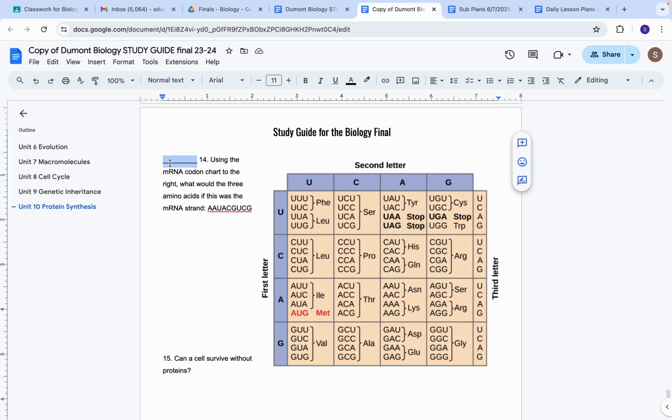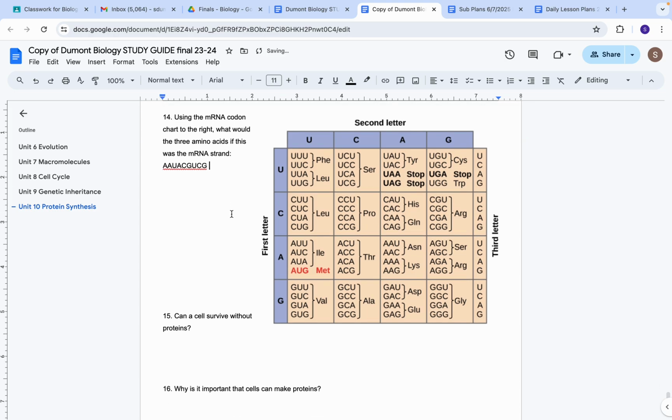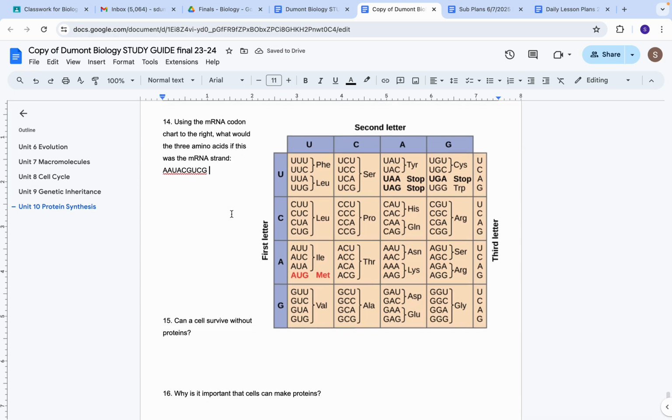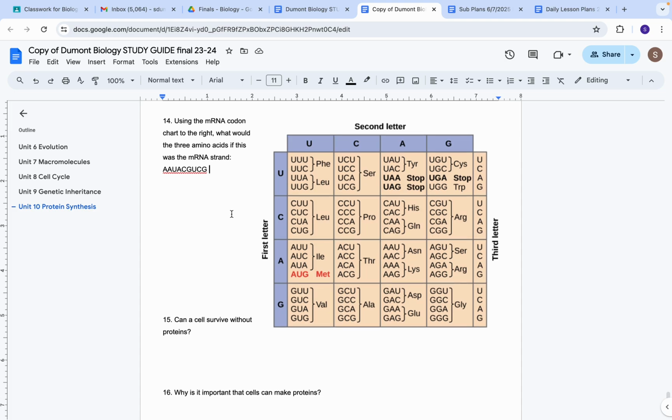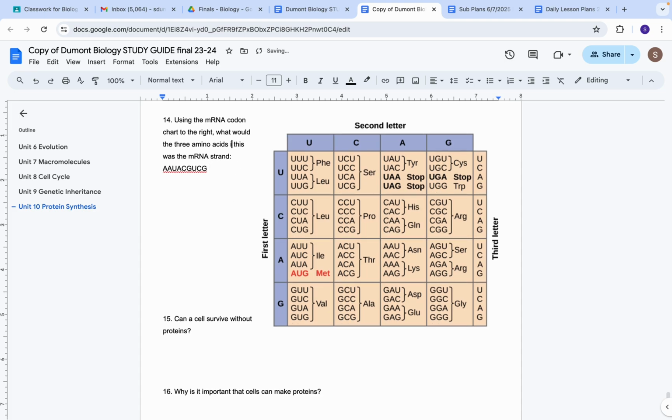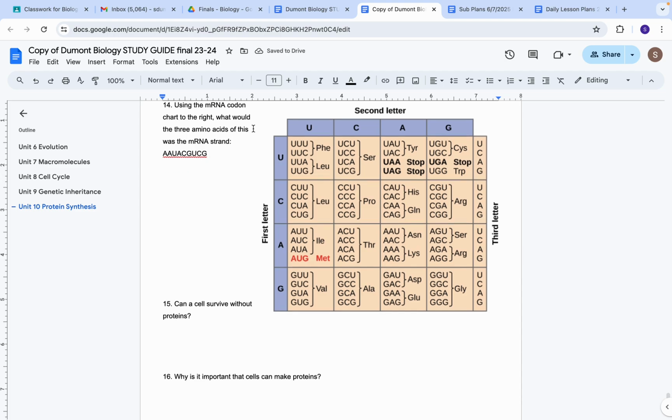14, I forgot to delete this. Go away. Using the mRNA codon chart to the right, what would the 3 amino acids be if this was the mRNA strand?